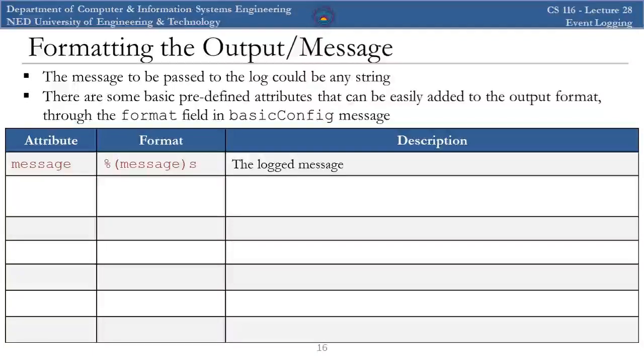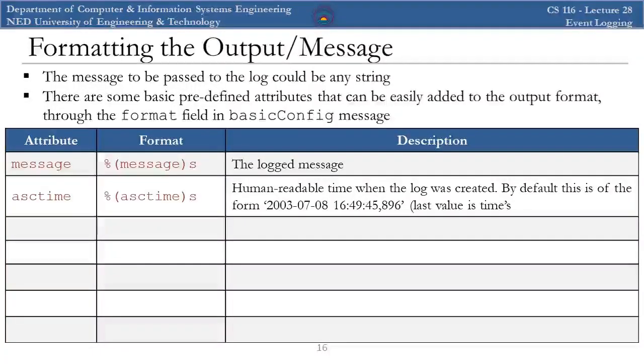So whatever message that you will pass later using any of those 5 methods, that message will be replaced here. So wherever you place this in that format string, your message will be printed at that point. I think this won't be very clear without an example, so I'll show you an example on the next slide. Just go through these attributes first.